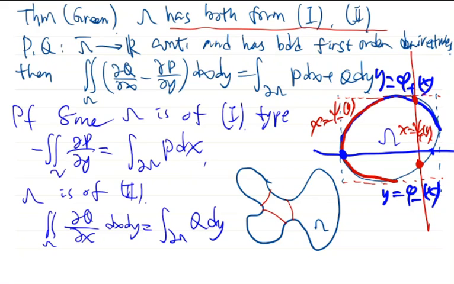Then each piece, for example this piece, you can see that it is of type 1 and 2. So the double integral over the whole omega equals the sum of the double integrals over every piece. But the boundary of every piece is more than the boundary of omega.